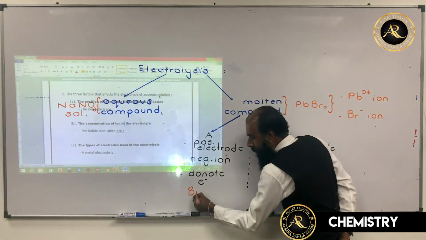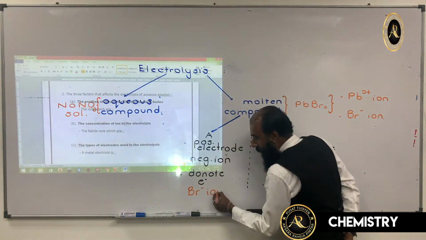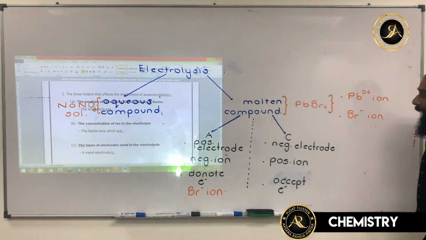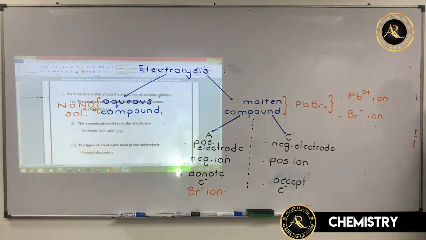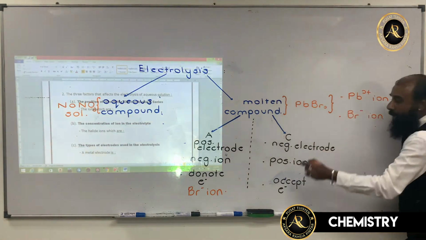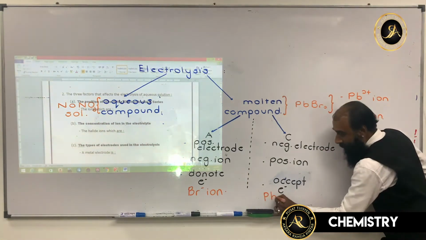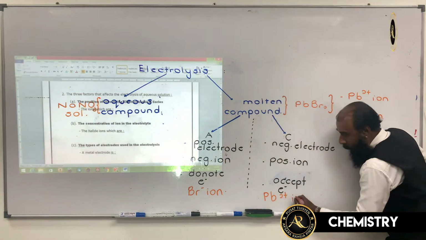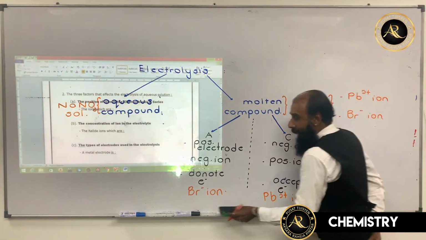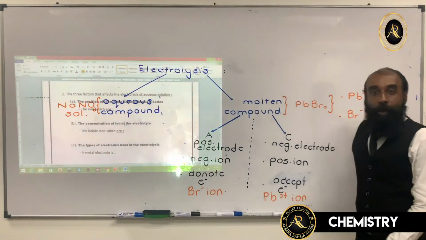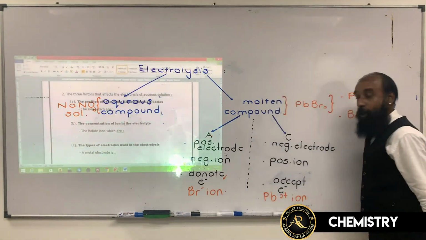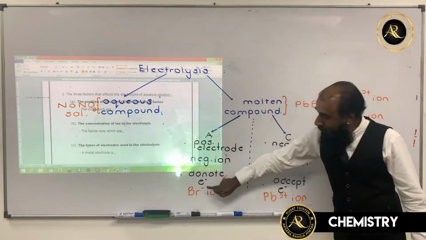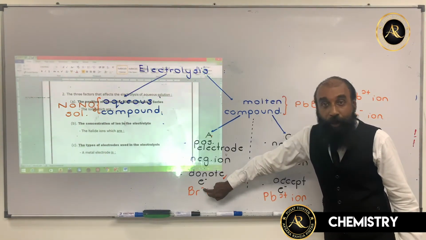Bromide ion. And cathode attracts positive ion. Which is the positive ion, students? Lead(II) ions. Okay, now we're going to apply the concept. Anode is the place of donating electrons, so the bromide ion is going to donate electrons.